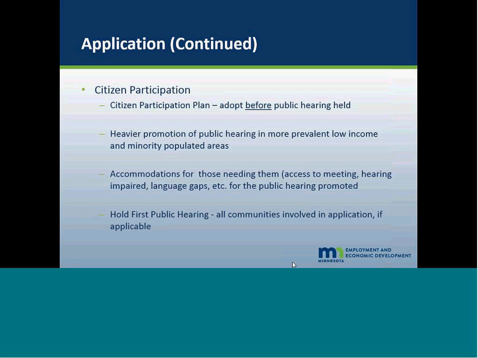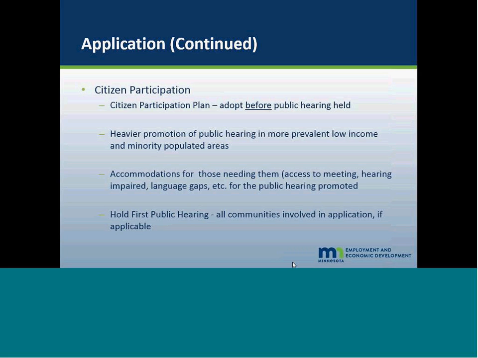Citizen participation plan, and the public hearing is held. For each application that becomes a live project, at least two public hearings are involved. One during implementation, but the first would be during the application process.